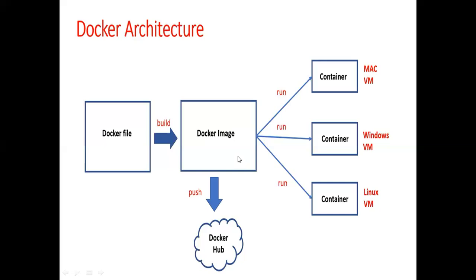So in Docker architecture, there are 3 main components that we require: Dockerfile, Docker image, and Docker container. So Docker basically helps to containerize your application.